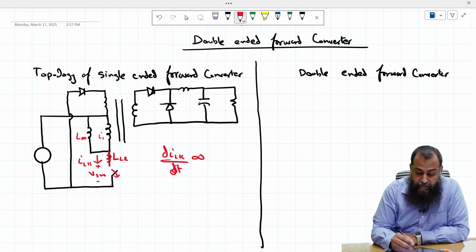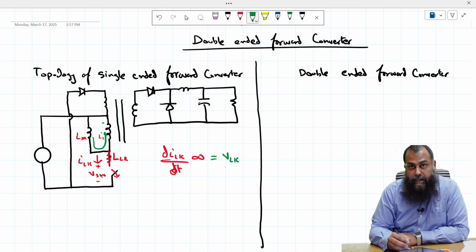Because unlike the magnetizing inductance that has a current path to flow through the primary side winding, the current flowing through the leakage inductance has nowhere to go, and therefore it will create a high voltage, which is this VLK, and that creates a voltage spike across this switch here, and therefore the voltage stress on the primary side switch is much higher than the one that we anticipate through the theoretical design, and this can lead to the failure of the switch which is connected here.